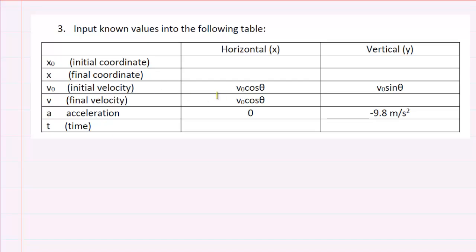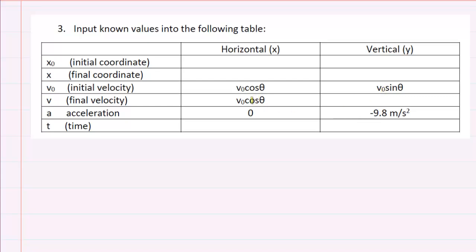And importantly, some of these values will be known no matter what type of projectile motion question it is. So for example, the initial velocity in the horizontal direction will always be the initial velocity multiplied by the cosine of the launch angle. We'll go back and look at the picture to see what that was in a moment.